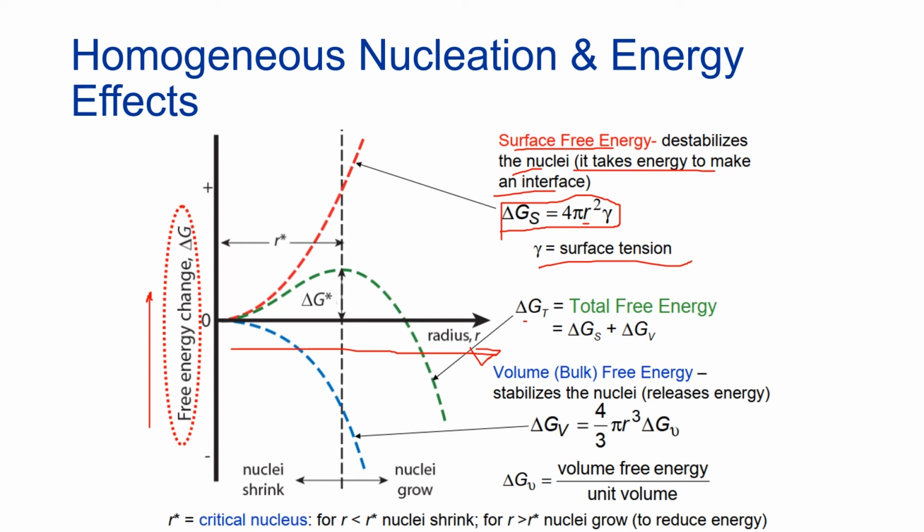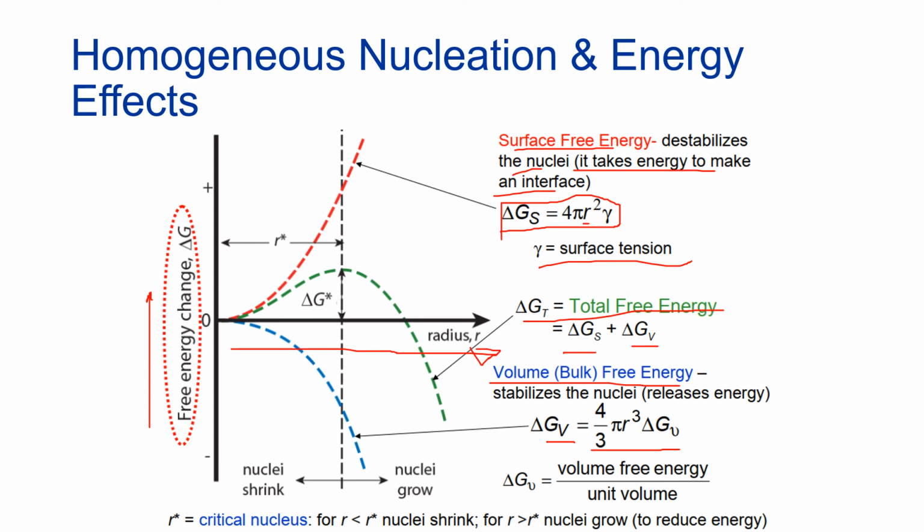ΔGT is the total free energy, which is the summation of ΔGs plus ΔGv, which we have already discussed, where ΔGs is 4πr²γ and ΔGv is 4/3 πr³ times ΔGv, the volume bulk free energy. Total energy is the sum of the surface free energy plus volume bulk free energy.